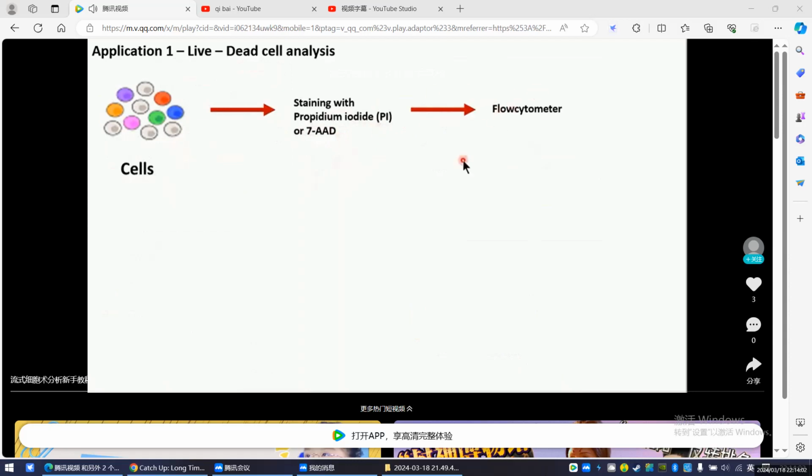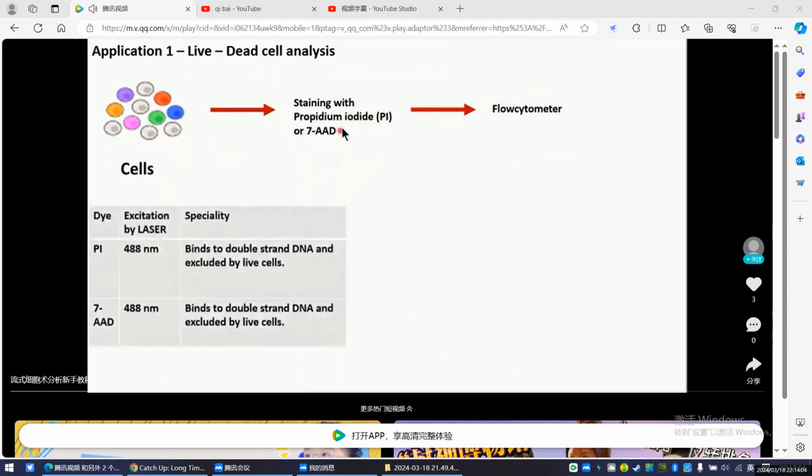Now we get some information about PI and 7-AAD. PI can be detected by the 488 nanometer laser. Propidium iodide is detected by the 488 nanometer laser of the flow cytometer, and this dye binds to double-stranded DNA and cannot enter inside a live cell.